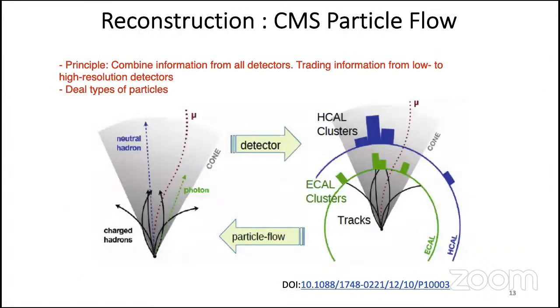Once we collect the events of interest, we reconstruct all the data with algorithms that we call particle flow. The idea of these algorithms is to combine information from all detectors, trading information from low to high resolution detectors, to construct objects that act like physical particles for the analysis in an easy way.